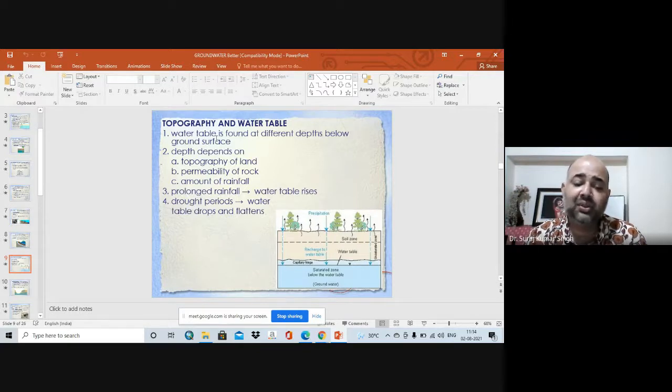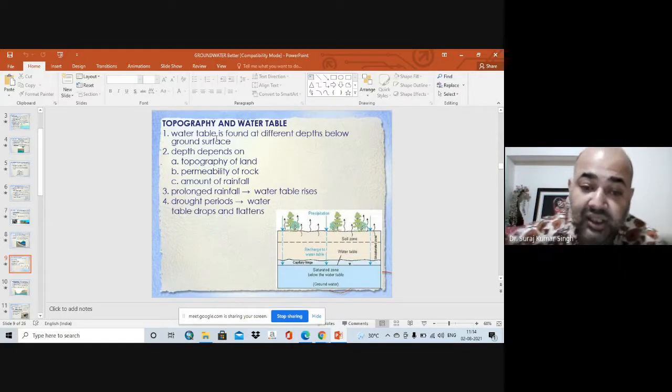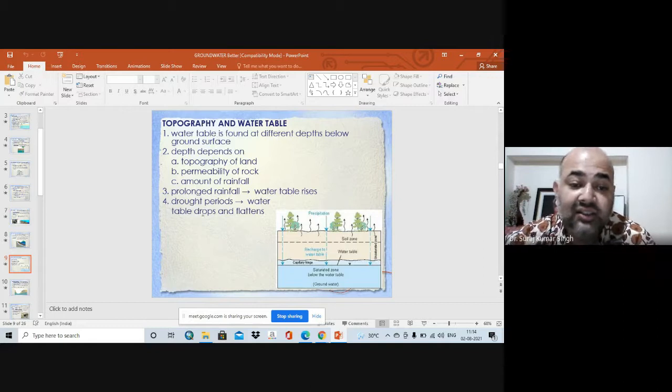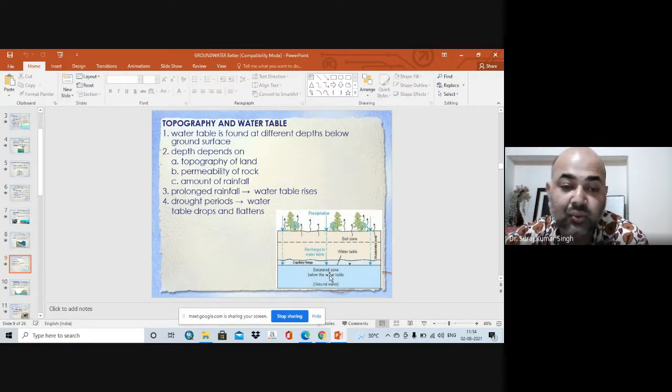That is because of high rainfall beyond the carrying capacity of a river, which saturates the top surfaces of the soil and creates a flood-like condition in that area. And in drought periods the water table drops and flattens. If the water table goes downwards, it means you are not receiving a heavy amount of rainfall or water that can recharge the underground water table, and that is indicative of a drought-like condition in that area.